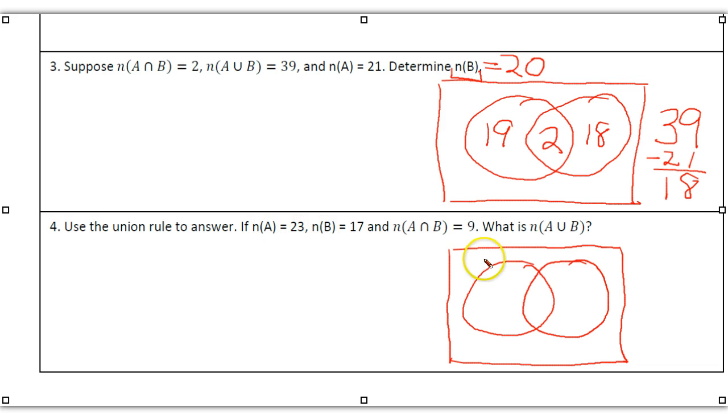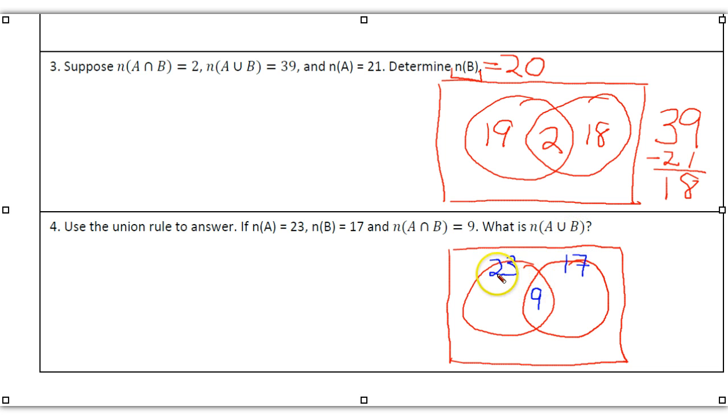In number 4, we're going to use the union rule again. And we know A is 23 altogether. We know B is 17 altogether. And we know the intersection of them is 9. What we don't know is how many members we have altogether. So, what is the union of A and B?